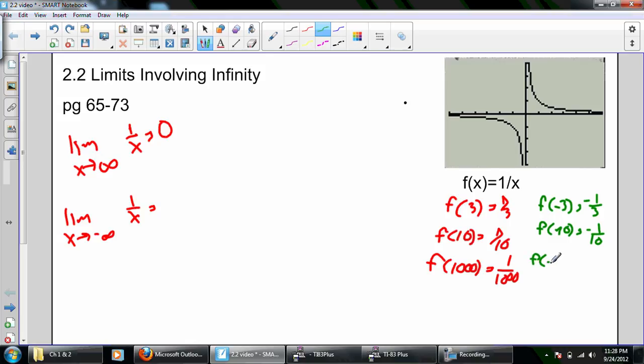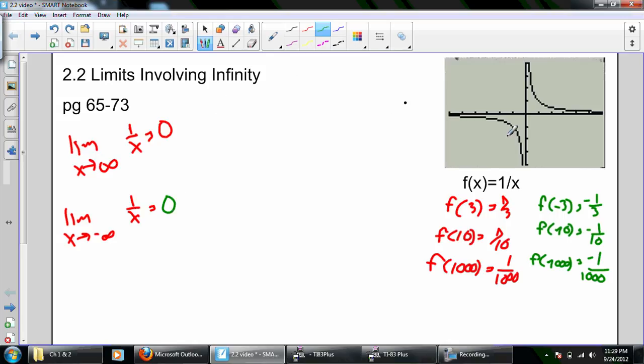F of negative 1,000 is negative 1 over 1,000. So as you can see, even though these numbers are negative, they are also getting closer and closer to 0 as we go further out. So we'd say that the limit as x approaches negative infinity of the function 1 over x is also 0.